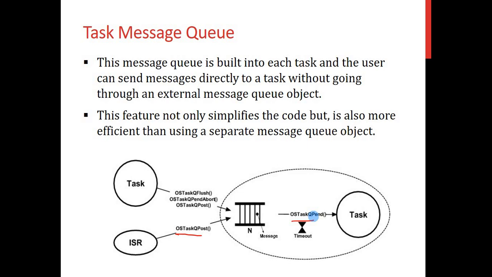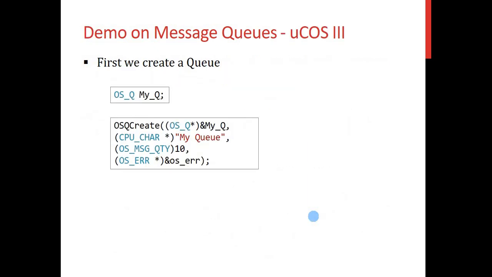That is why it's called a direct message queue. You do not need to create any separate message queue. You can use this inbuilt task message queue. This is quite a nice feature because you do not need another message queue and it simplifies your code.